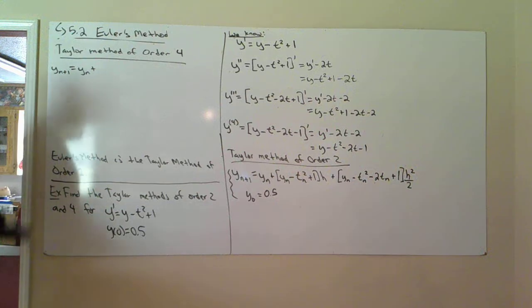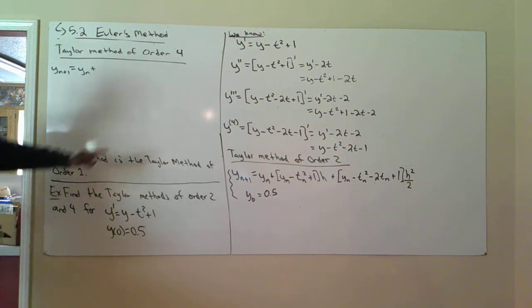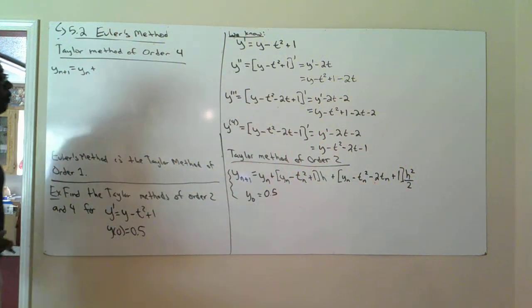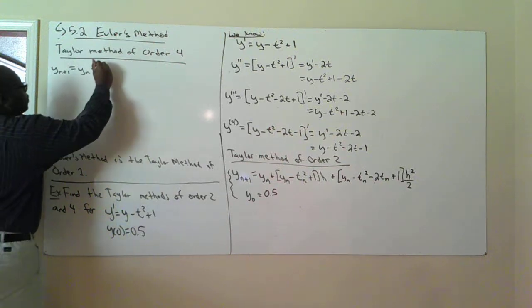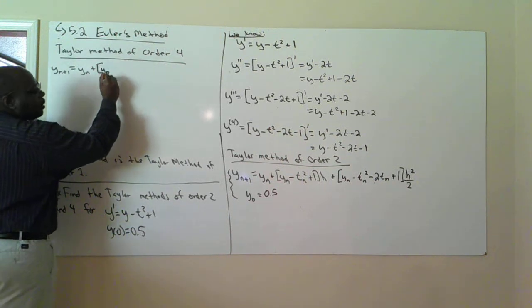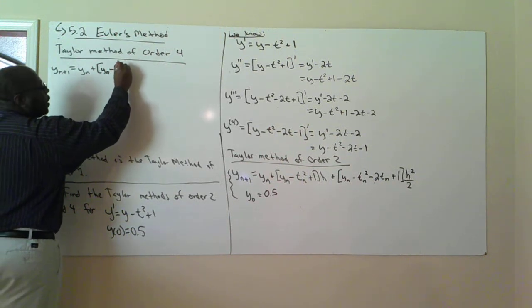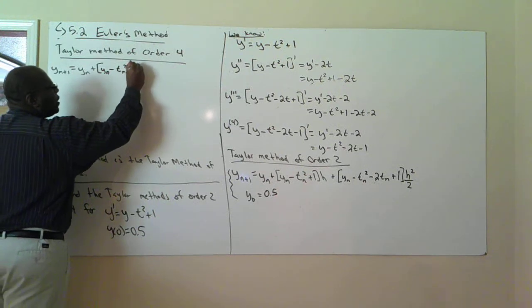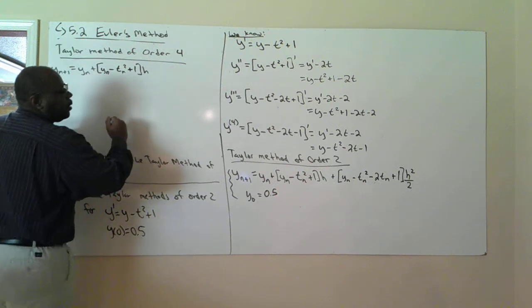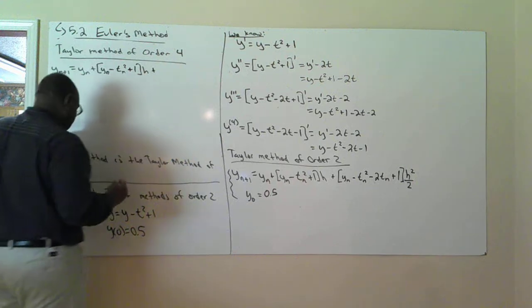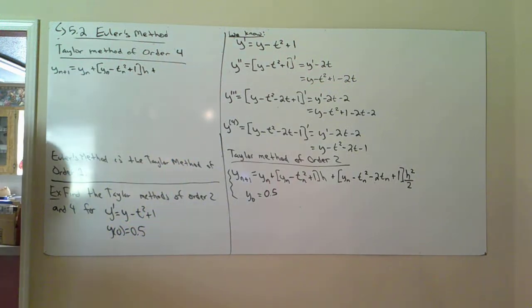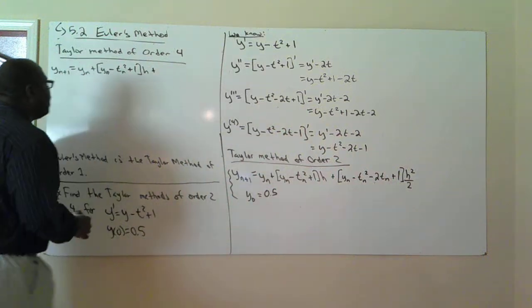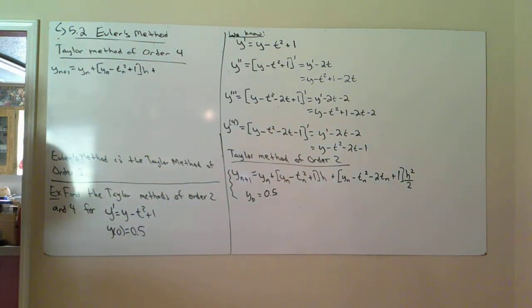Now I need to go up to the fourth derivative, right? So essentially I tack on these two guys that I've already done. Y sub n minus t sub n squared plus 1 times h plus, I'm going to need more space. I'll just make it another line.